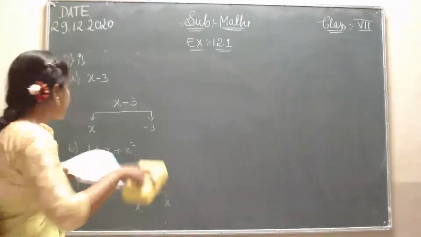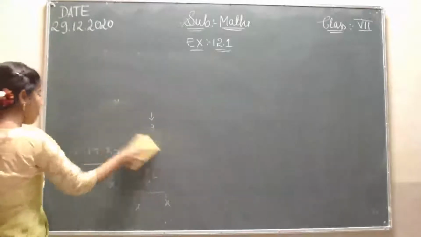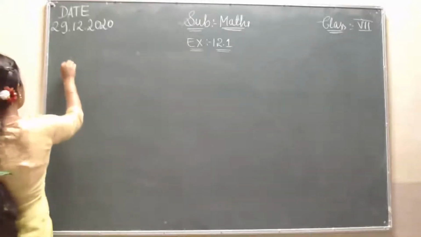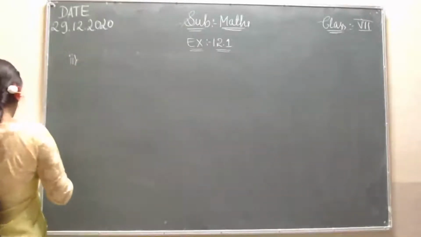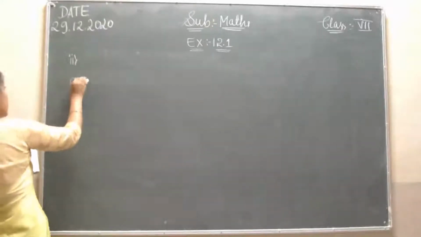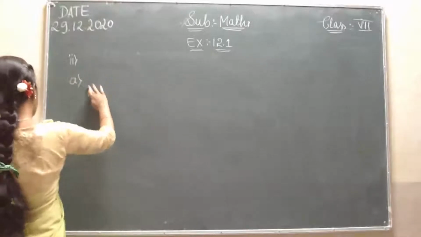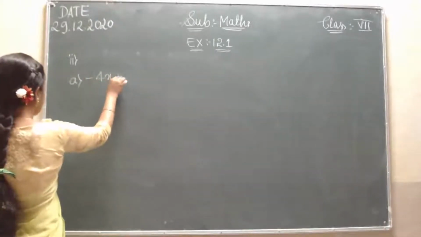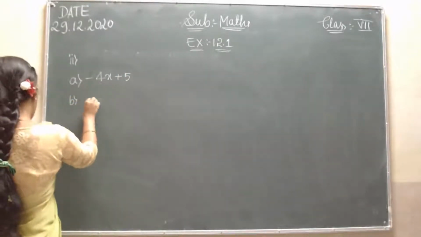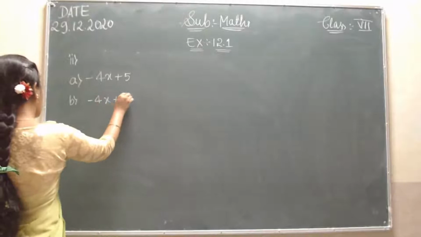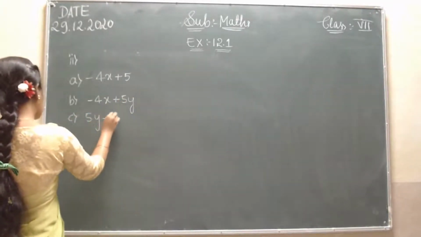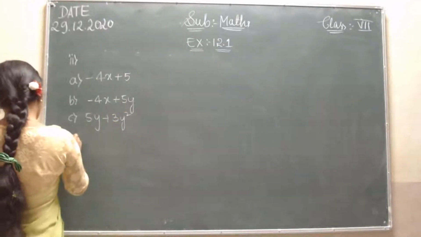So in the box you can write, second one, identify terms and factors in the expressions given below. A, minus 4x plus 5. B, minus 4x plus 5y. C, 5y plus 3y square.